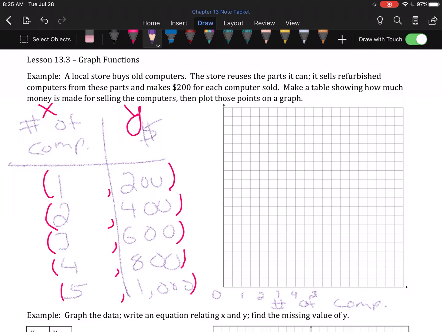Now, in the interest of space, I'm not going to label every single line. I will show you real fast. I'm not going to label this 100, 200, 300, and you can see why. These numbers are very small and very cramped already. That's not good. We can count and label every other line. So the first line is going to be 100, but I'm not going to write it.